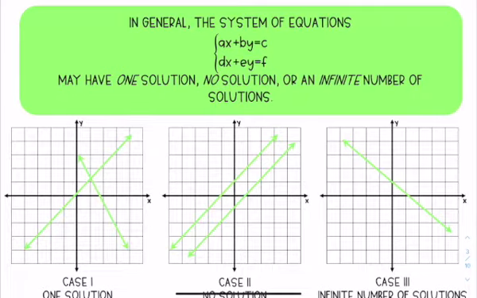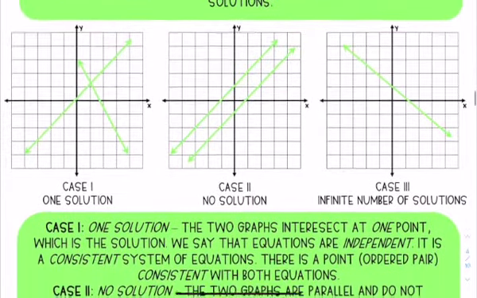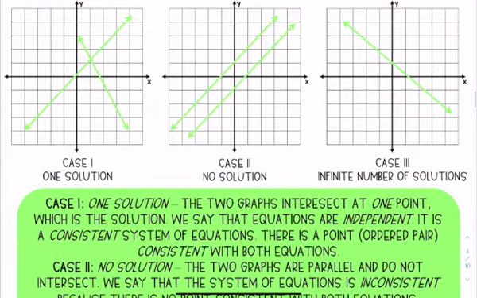So they're parallel lines. And for case 3, an infinite number of solutions just means that I have now graphed the line twice, right on top of each other, which it intersects at every single point on the line, and there's an infinite number of solutions on the line. And so that's what this green box says.